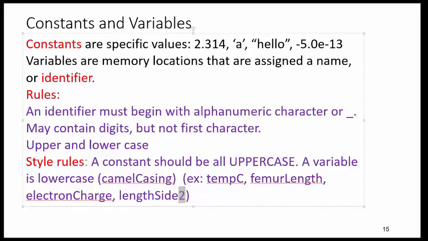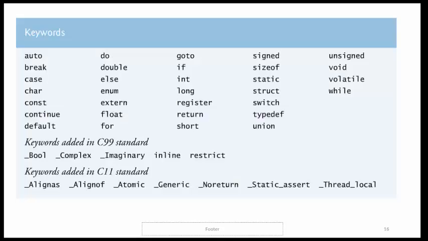But there are some words that absolutely can't be your variable or your constant identifier. And here they are. They're called keywords. You cannot name your variable any of these words because they have special meanings. We learned a few of them already, like the if statement. We will learn a lot more.